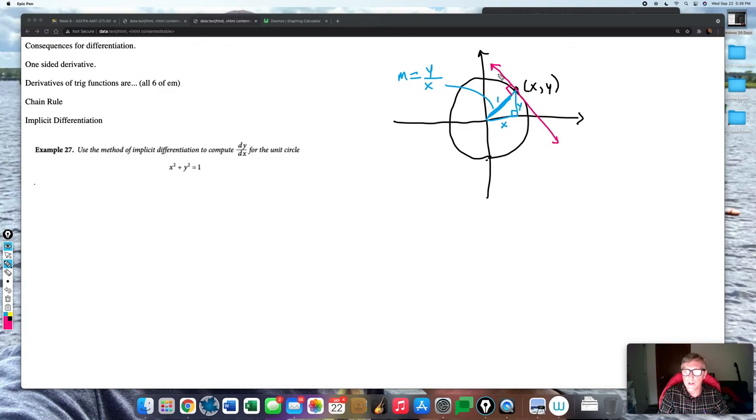So a radius and a tangent always make a right angle with each other at this point on the circle, right? Okay, so the slope of the tangent line is the opposite reciprocal of the slope of the radius.